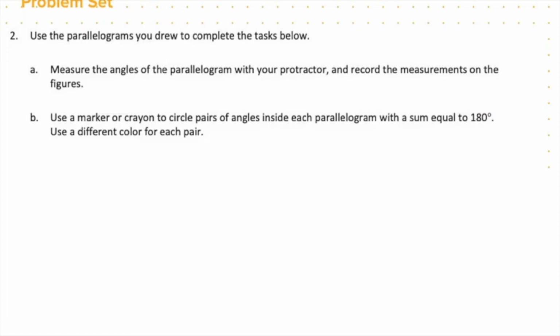So now we can move straight to part B, which says, use a marker or crayon to circle pairs of angles inside each parallelogram with a sum equal to 180 degrees. Use a different color for each pair.